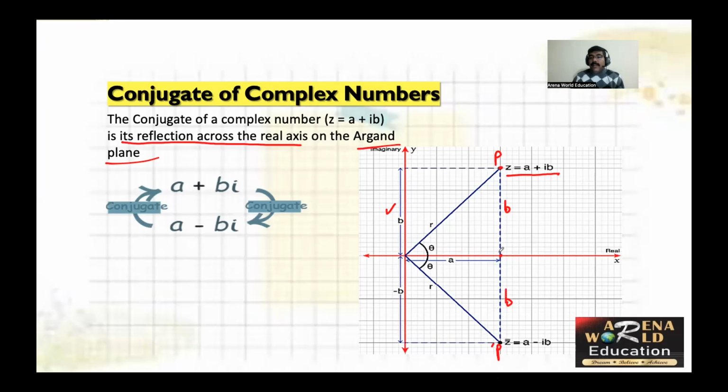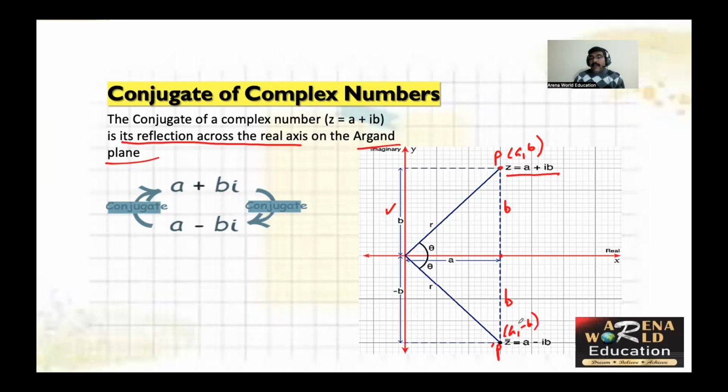So we will place this new point exactly b units away from real axis. So here x point will be same. Suppose this is (a, b), so this will be (a, minus b).